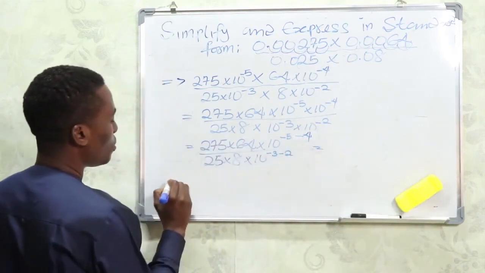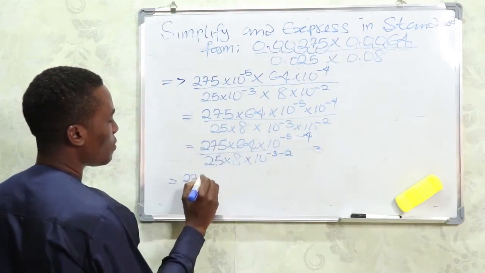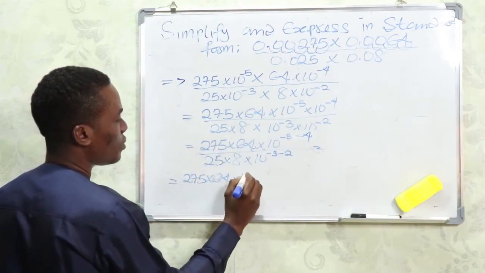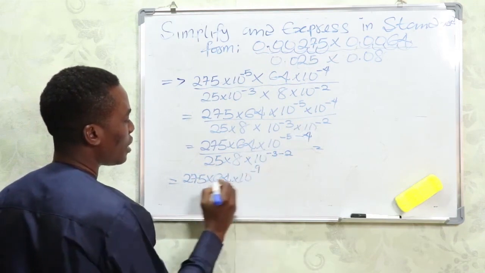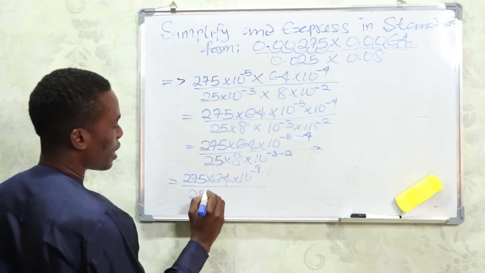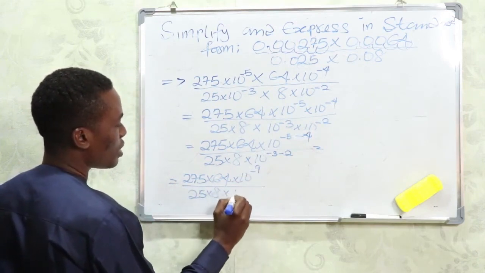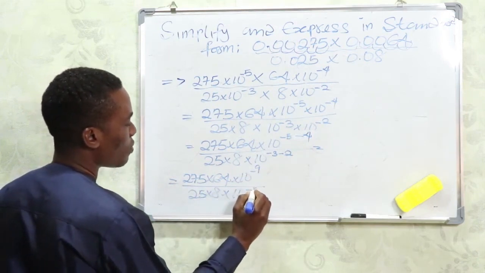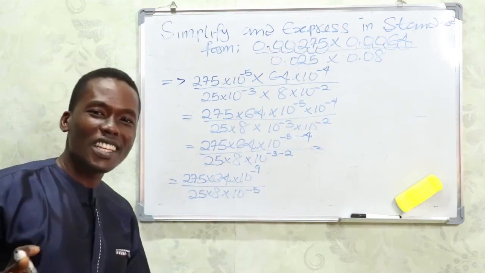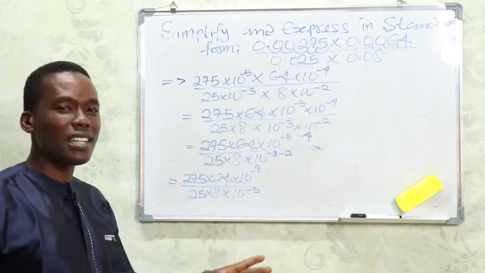That is, this will be equal to 275 times 64 times 10 raised to power minus 9 all over 25 times 8 times 10 raised to power minus 5. Now we want to break this down so that we can easily simplify.